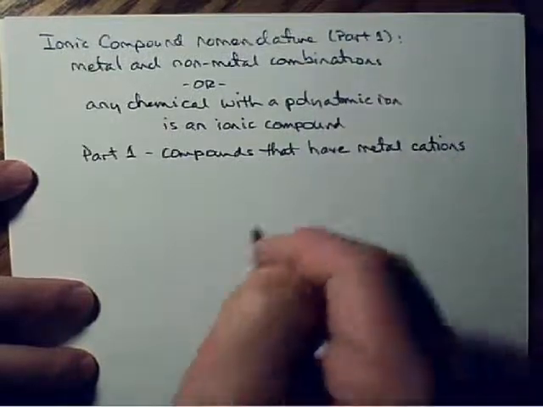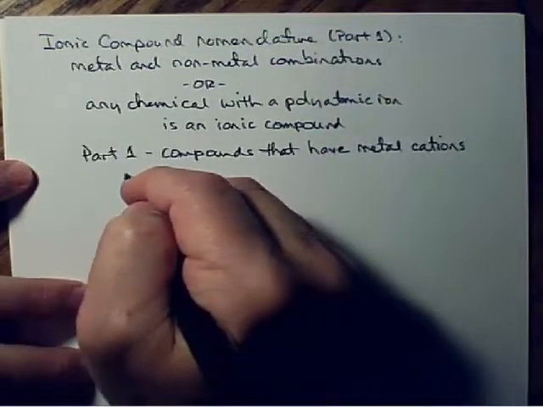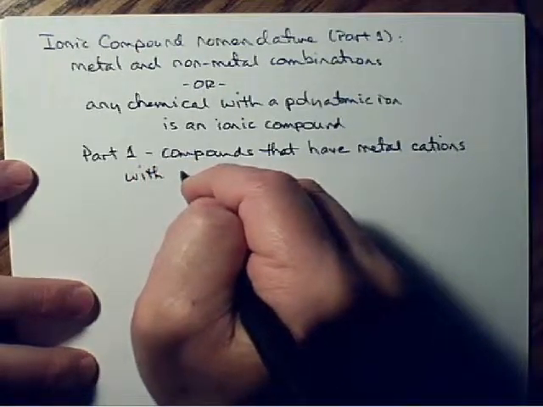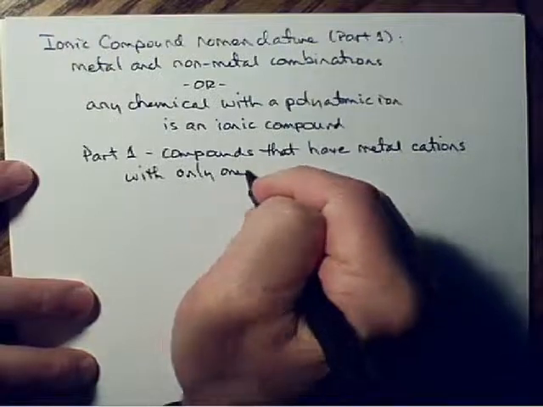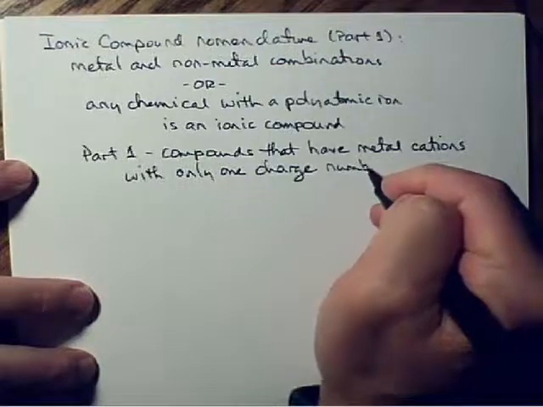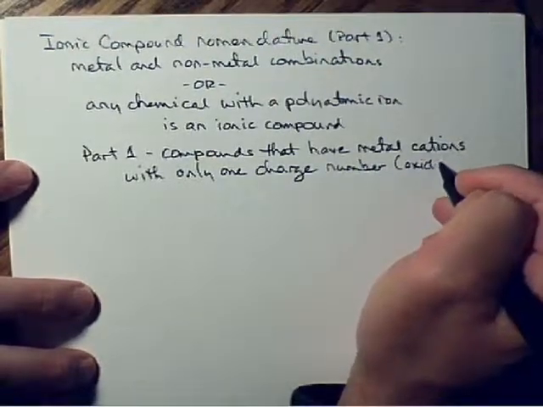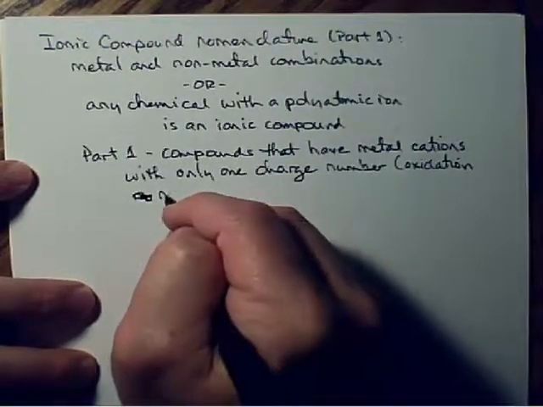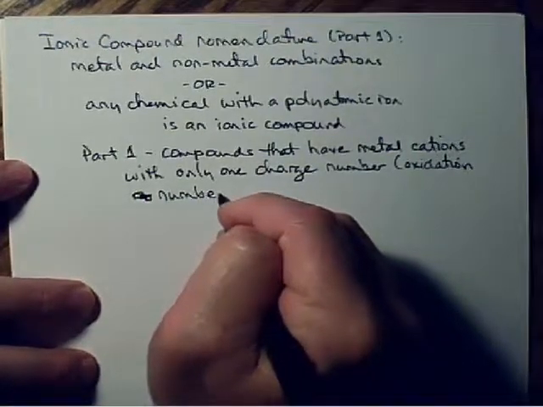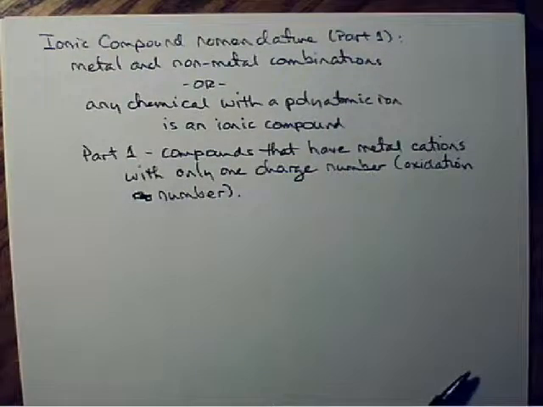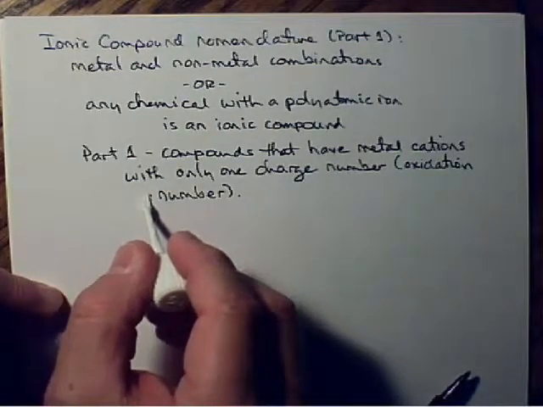Remember, cations are positively charged ions with only one charge number, and that's the oxidation number we're talking about here. For ions, or monoatomic ions anyway, the oxidation number is the charge number.